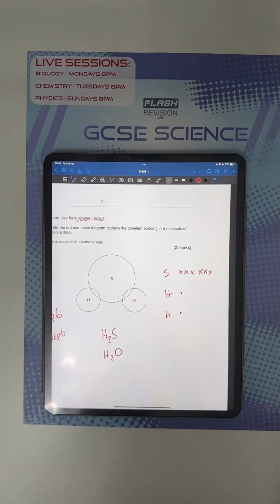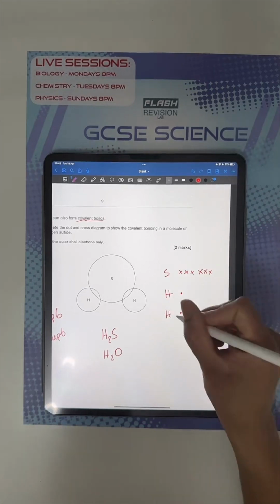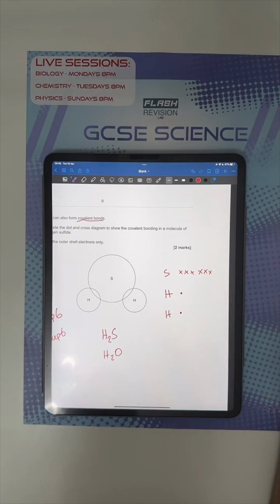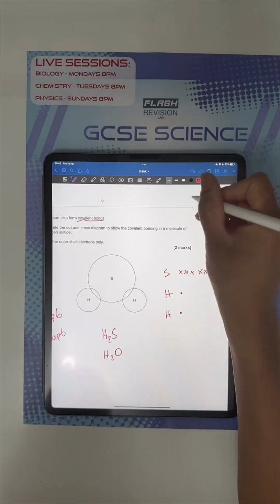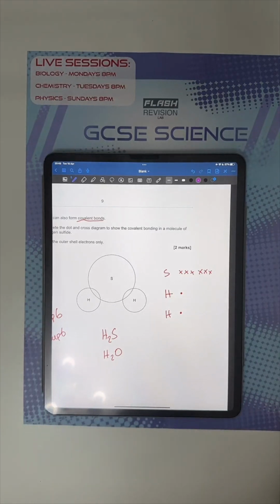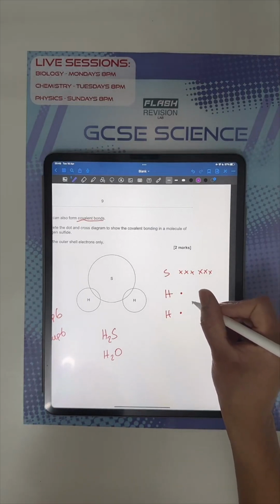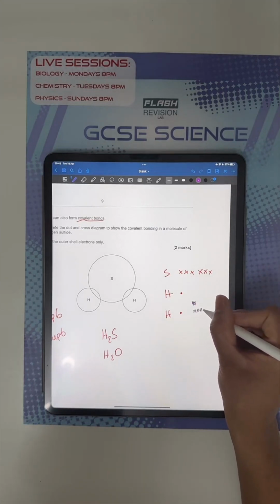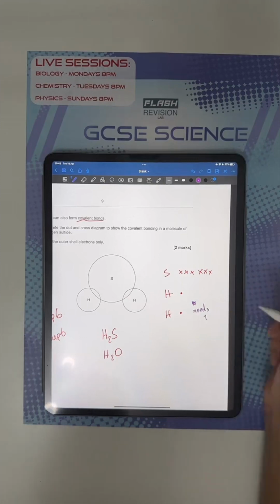Good. So remember the plan. We want full outer shells for sulfur and for hydrogen, both of them. So let's look at hydrogen first of all. Hydrogen has 1 electron. How many does it need for a full outer shell? Needs 1, exactly. So each hydrogen needs 1. Sulfur needs how many for a full outer shell?